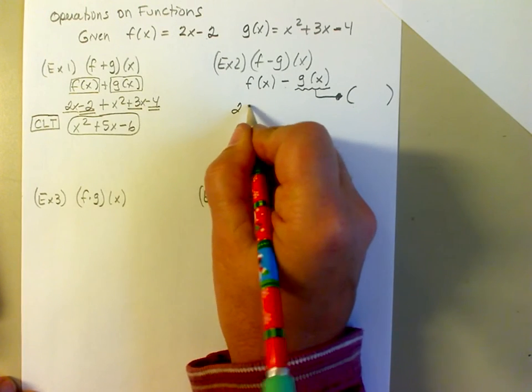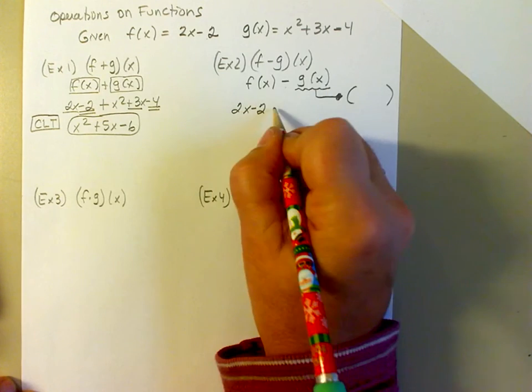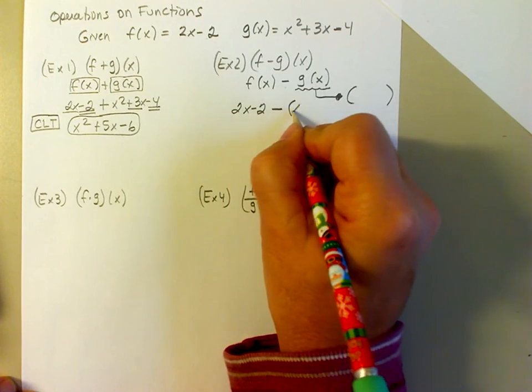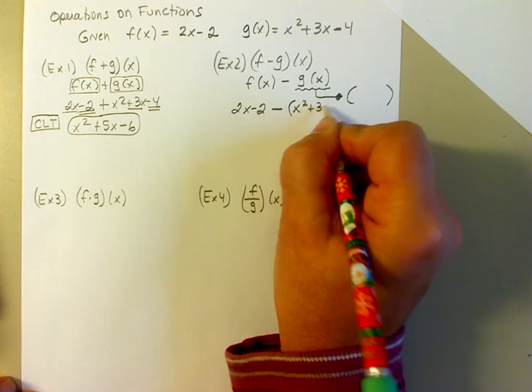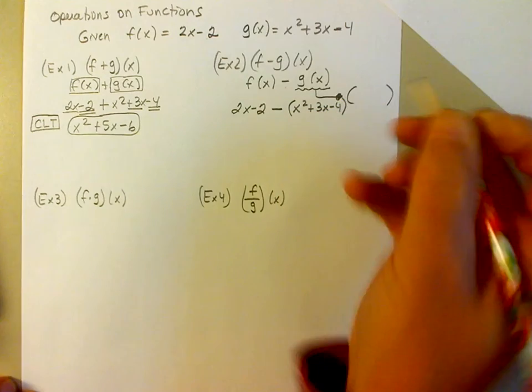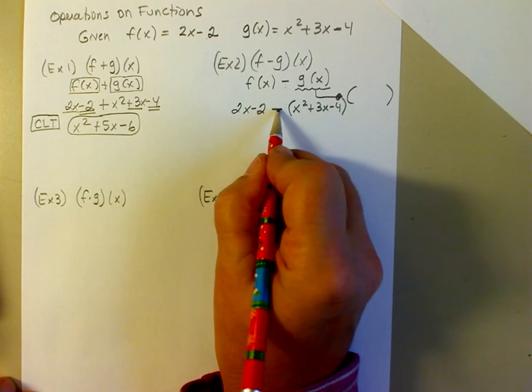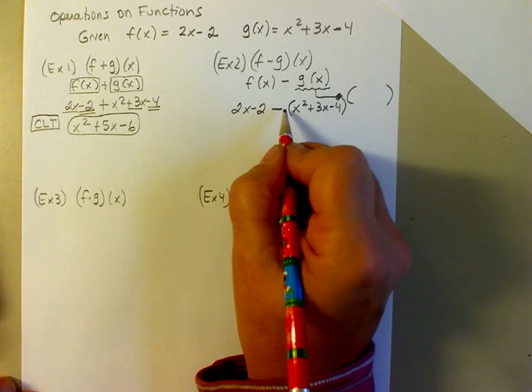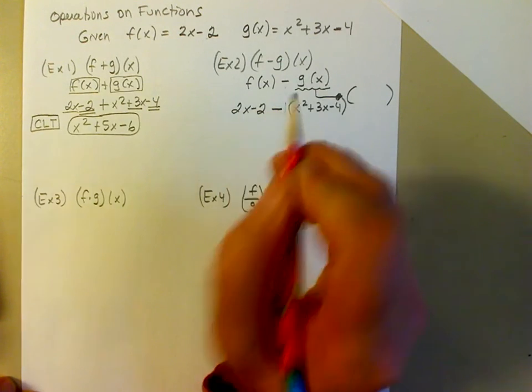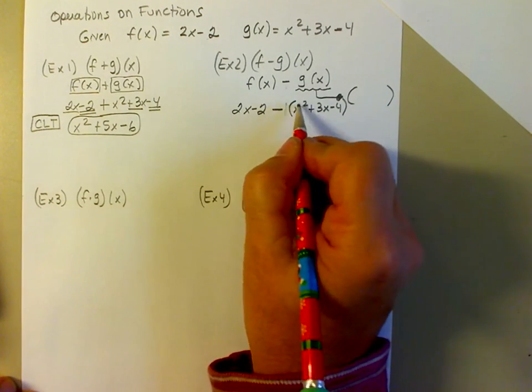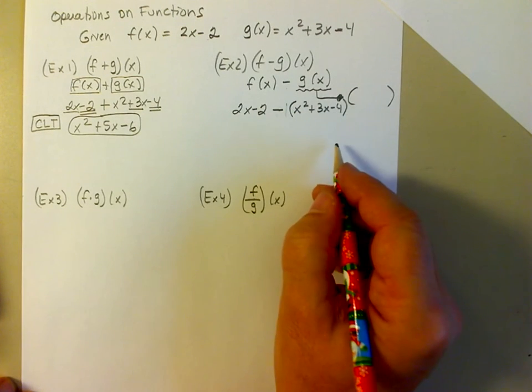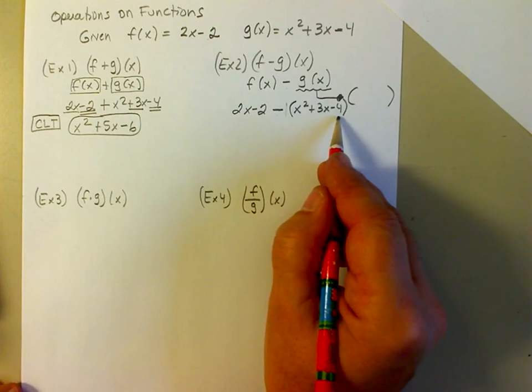Again, we have f of x, 2x minus 2, minus parentheses, g of x. Now we can take that negative in front of the parentheses, so think of this as a negative 1, and we can distribute it into each term inside of the parentheses.